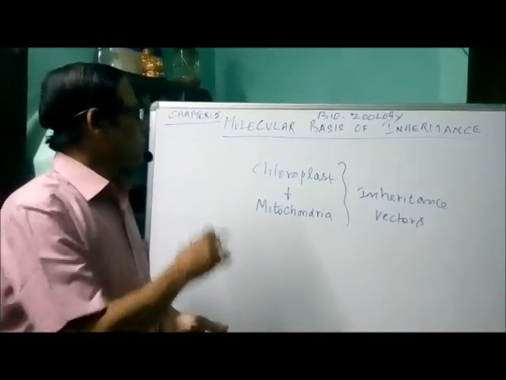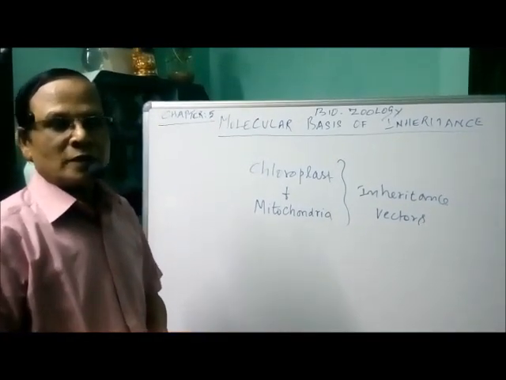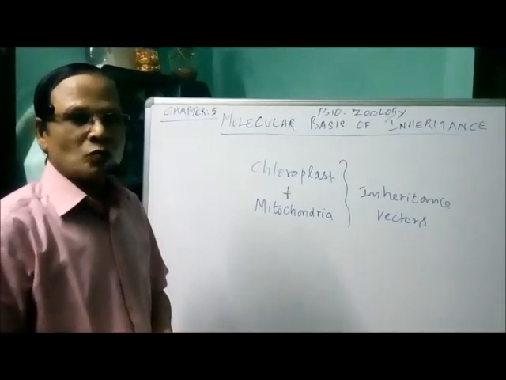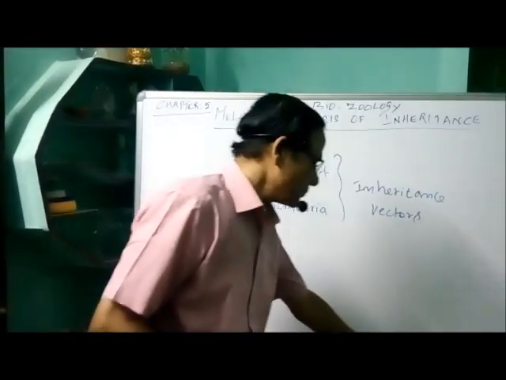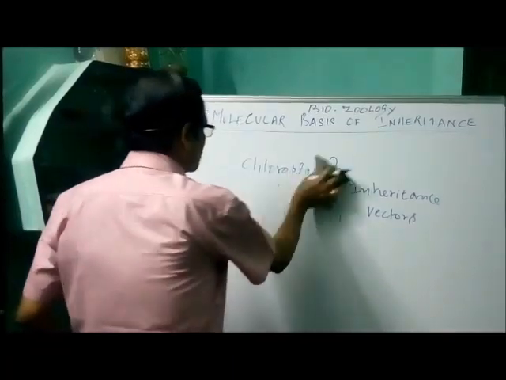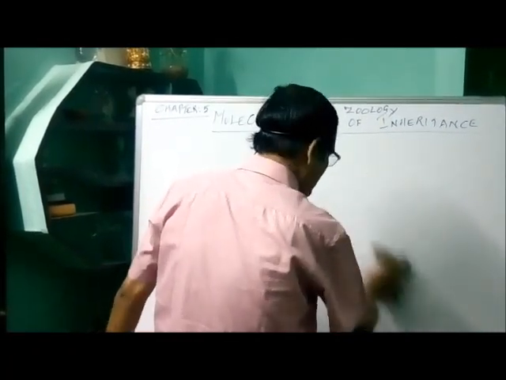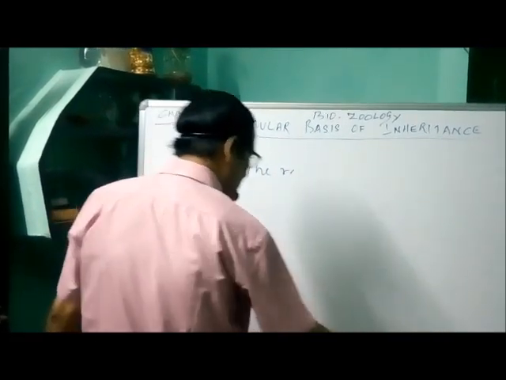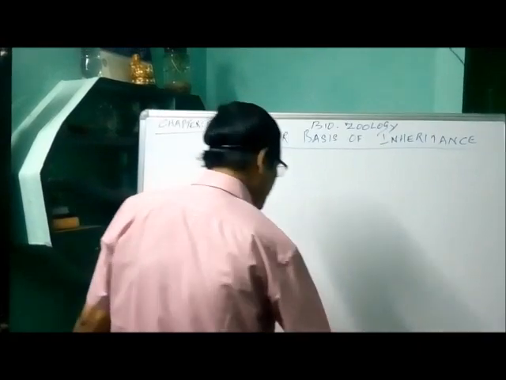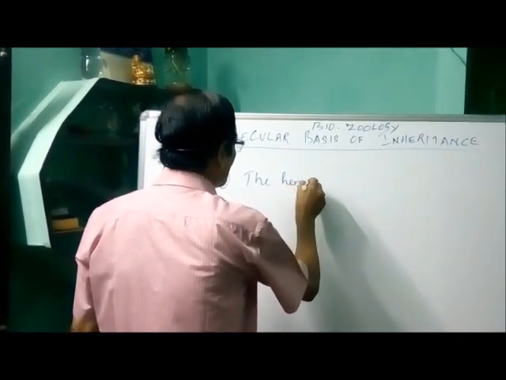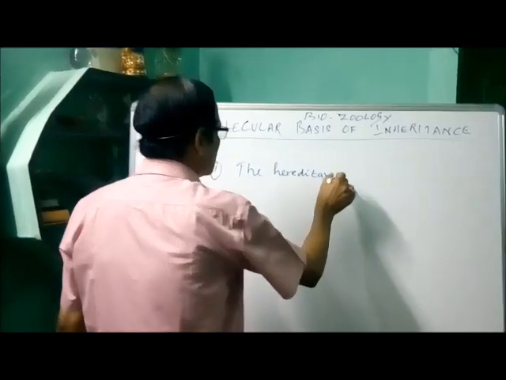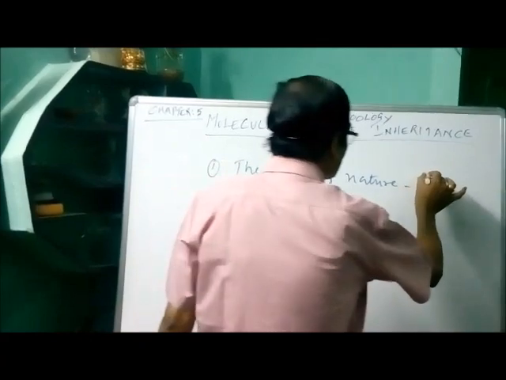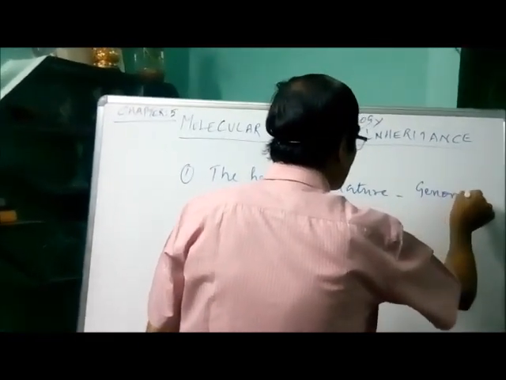Now, we have to go for this lesson. The hereditary nature of an organism is defined by its genome. It is a decider.